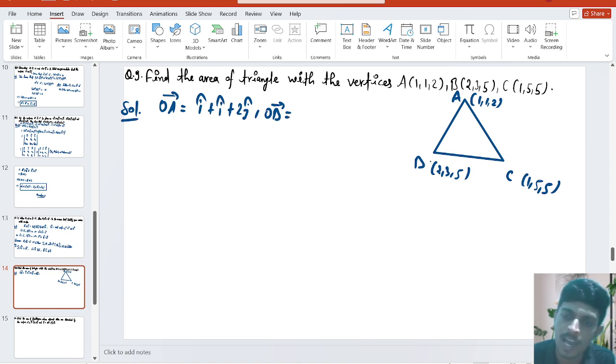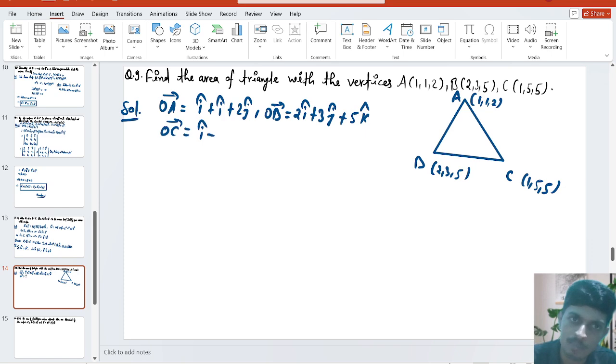And vector OB is 2i cap plus 3j cap plus 5k cap. And vector OC, the position vector of point C, is i cap plus 5j cap plus 5k cap.